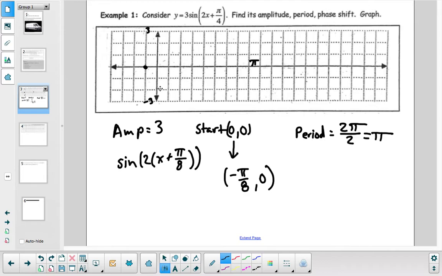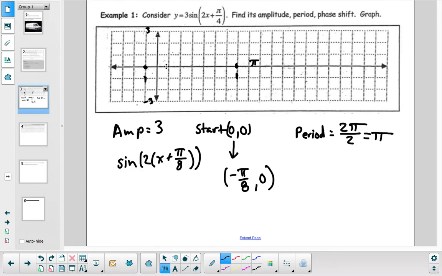And we are going to fit a full cycle in pi units. So from here, this is not pi units. This would be pi plus 8 units. Back it up 1. So we need to fit a full cycle into this chunk. So I know that I need to start repeating myself again right there.